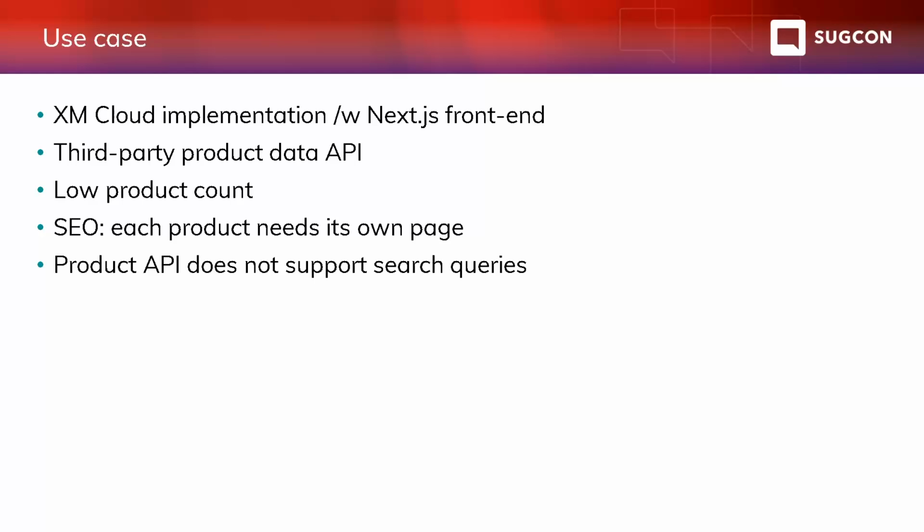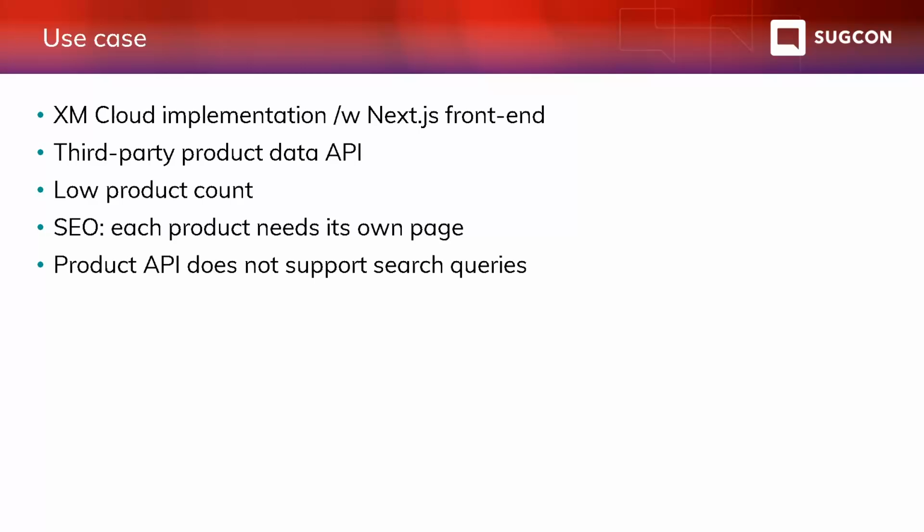They want to have a single physical page in the CMS for each product, so you don't have wildcard URLs or numbers and stuff. They really want an actual page in it. And on top of that, the product API that our customer has, we've been integrating with, doesn't offer search query.